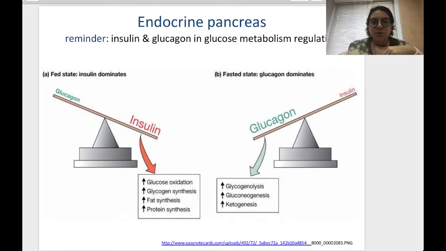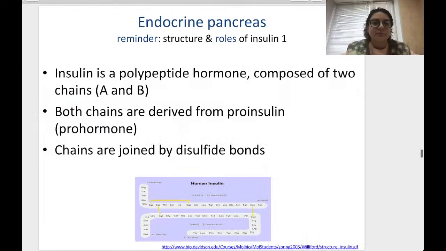This balance between fed state and fasted state, and the balance in the organism between insulin and glucagon, regulate our nutrition, our feeding, the balance of all chemicals in our organism and all metabolic processes.